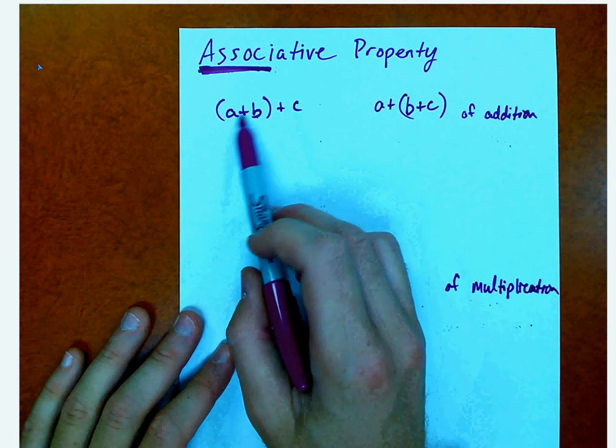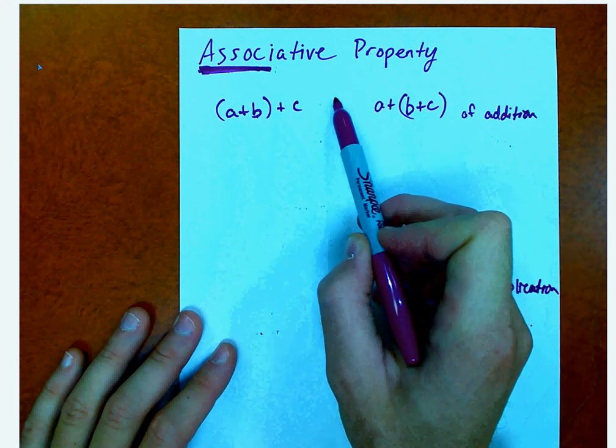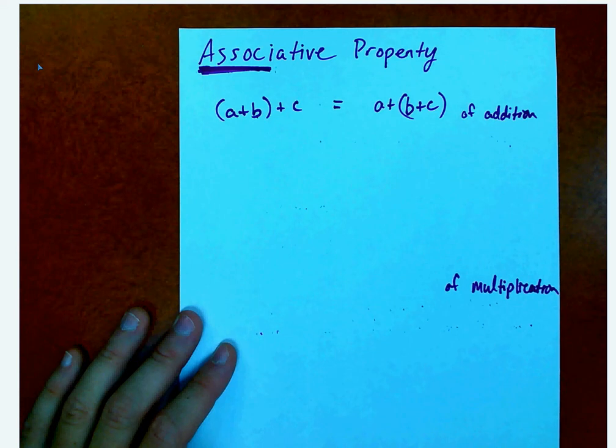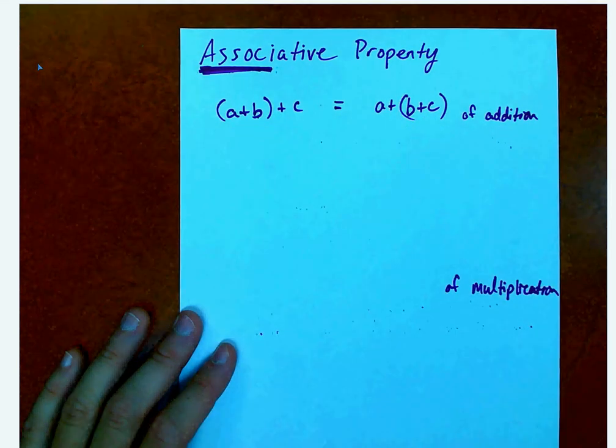Here B associates with A, and here B associates with C first. And the associative property says that no matter which way I do this, I will always get the same answer.